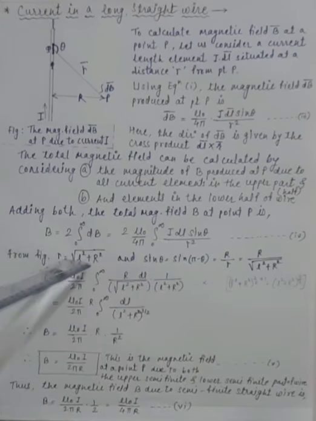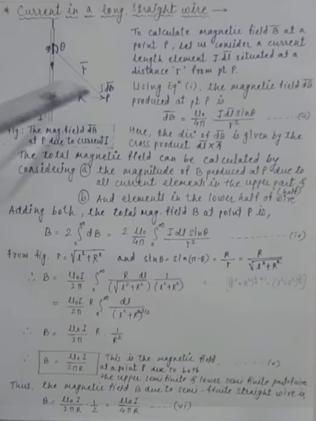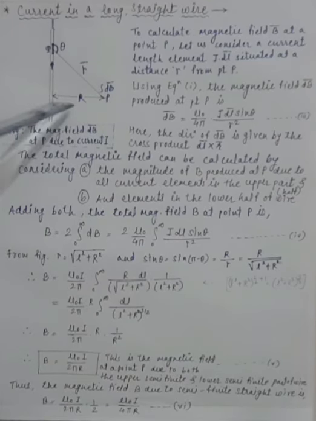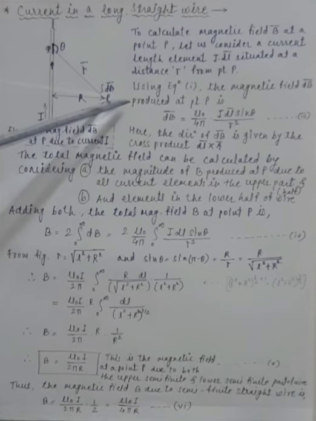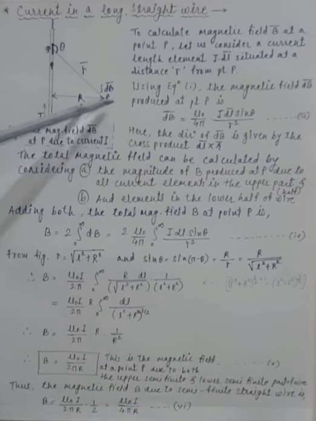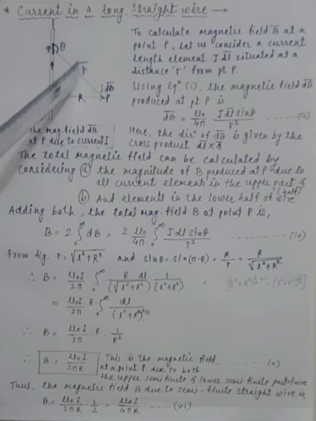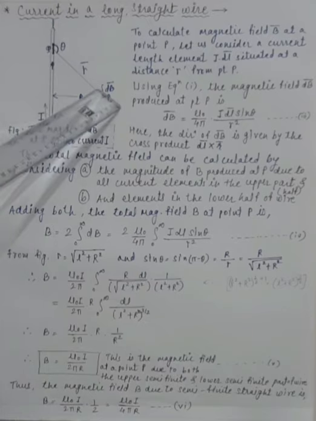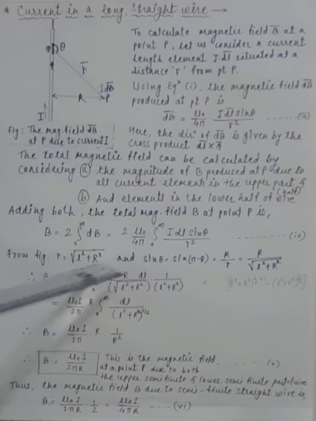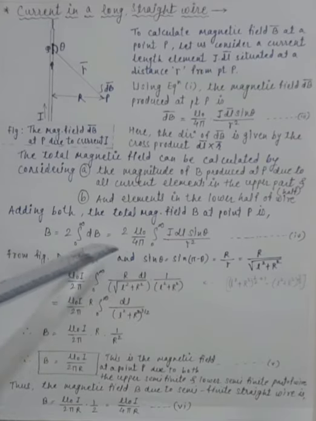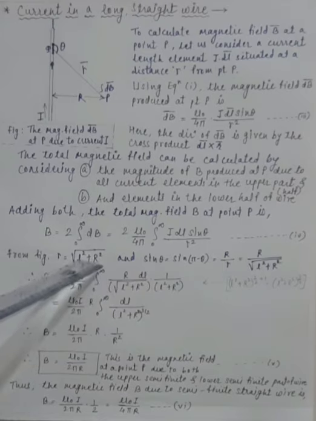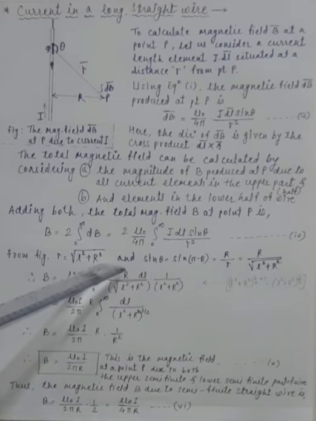From the figure, r equal to, now in the beginning we stated that point P is at a perpendicular distance r from the wire. So this triangle is a right angle triangle. So in the right angle triangle, by Pythagoras theorem, hypotenuse square equals the sum of the squares of the other sides. Therefore here r equal to under square root L square plus r square.